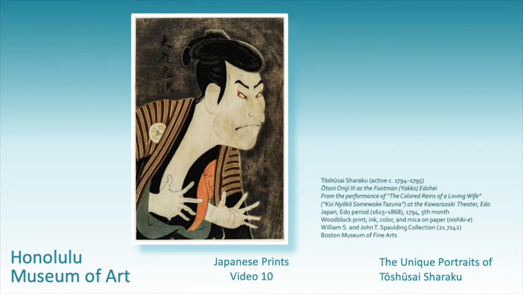Over the following years, some Japanese art critics expressed appreciation for Sharaku's okubie portraits, but it wasn't until a foreign collector championed his work 100 years later that Sharaku's art historical importance was widely recognized.